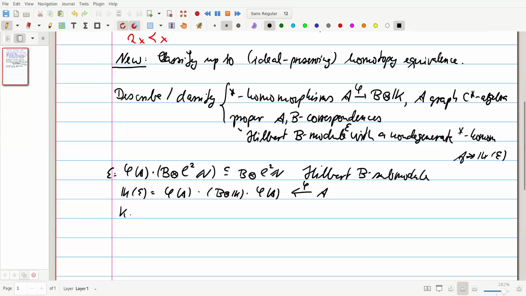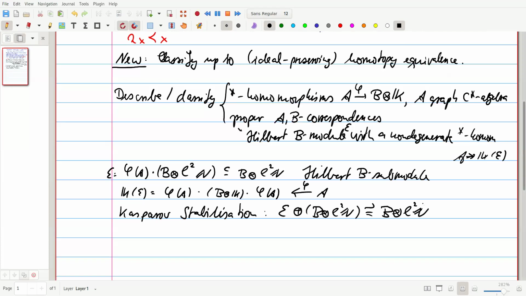So by Kasparov stabilization, you can arrange that E plus B tensor L2N is isomorphic to B tensor L2N. And so you can turn the map into the compacts on E into a map on the compacts on B tensor L2N, which we know are B tensor K. And then these two processes are really inverse to each other up to isomorphism.